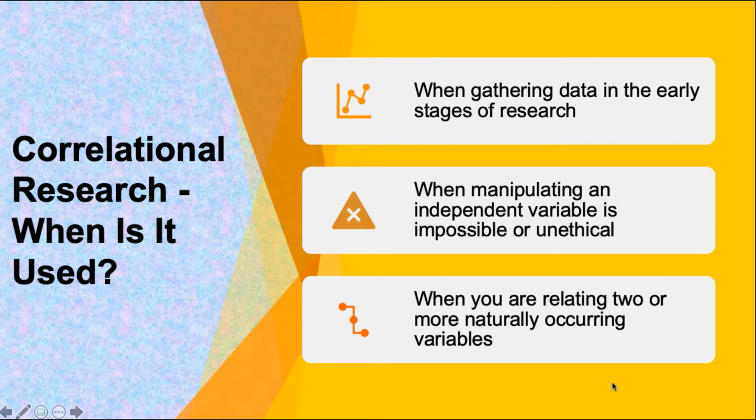Another one is relating naturally occurring variables. The third situation in which you may choose a correlational research design over an experimental design is one in which you want to see how naturally occurring variables relate in the real world. For example, imagine you are interested in whether individuals are more susceptible to suffering from post-traumatic stress disorder after different traumatic events, for example a severe hurricane or flood.